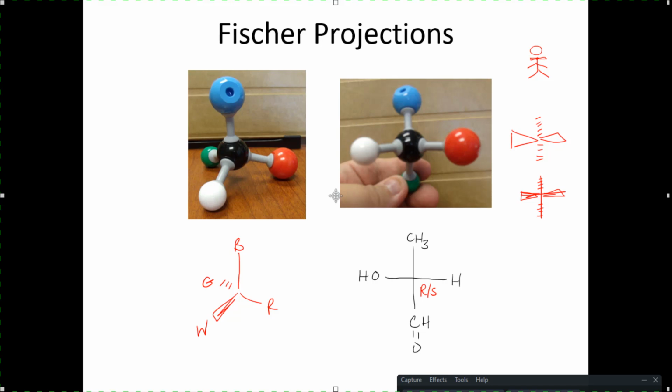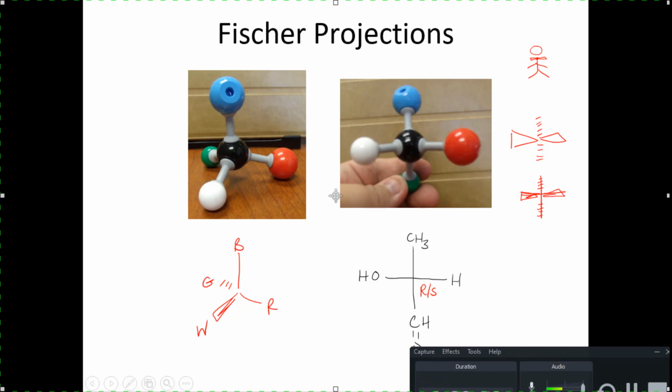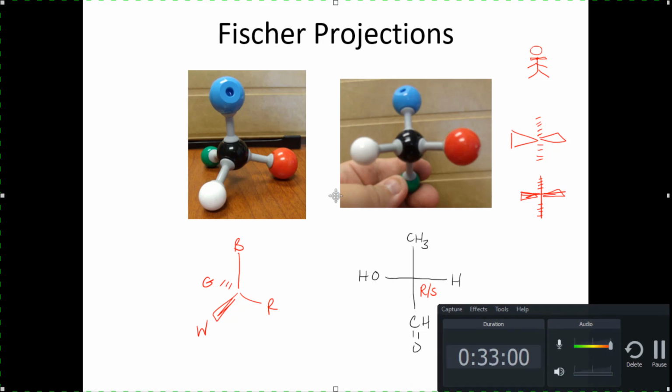It can go on either the top dashed wedge or the bottom dashed wedge. And so, is this R or S? So the video is going to stop, and then it'll ask you, is this R or S? And then you can figure out your answer and answer that question, and then we'll come back and figure out whether you were right or not.